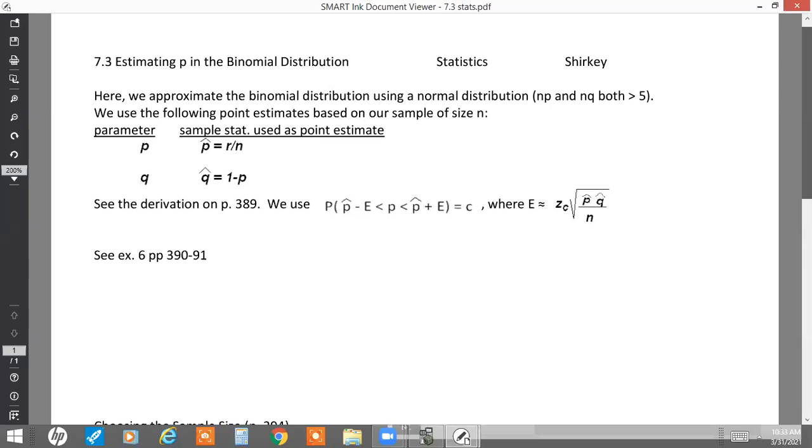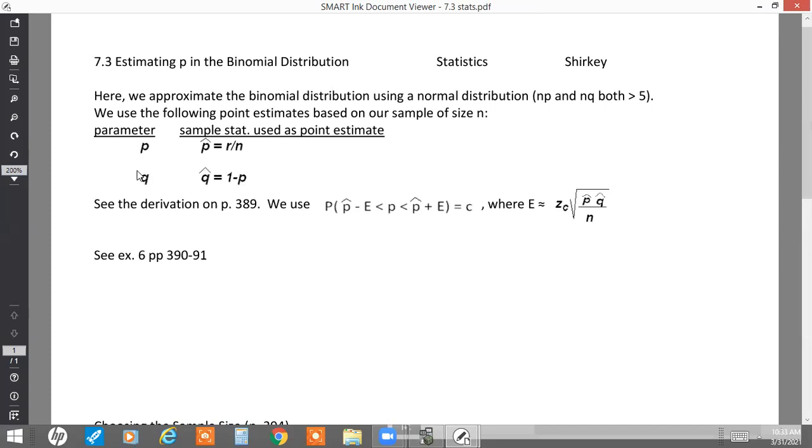All right, so now we're taking a look at section 7.3. You can also use these methods of estimation to estimate p, that's a population proportion of successes in a binomial distribution. p, remember, is the probability of success, q is the probability of failure, and q equals 1 minus p.